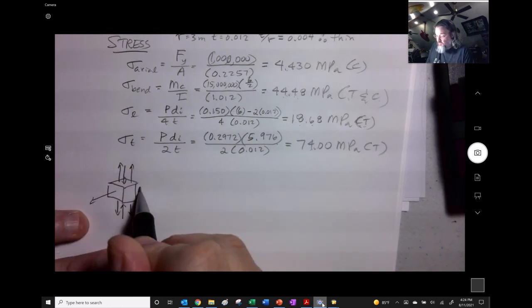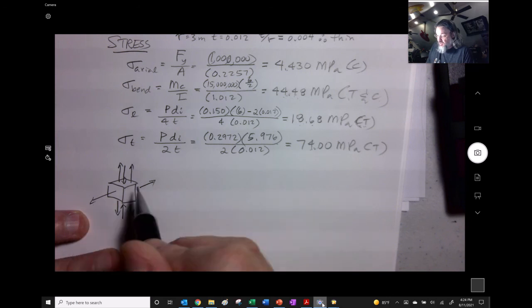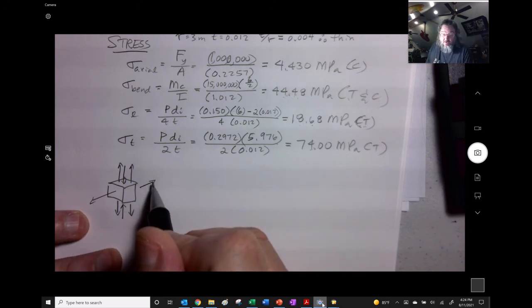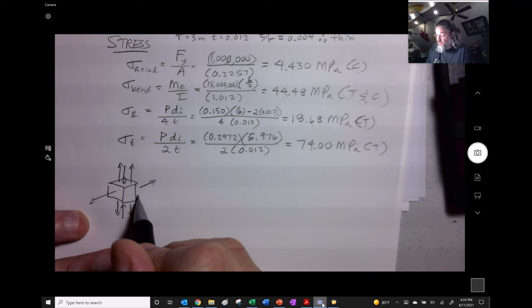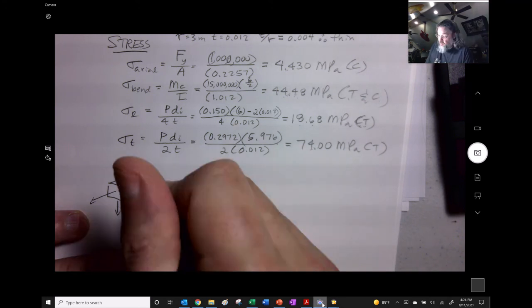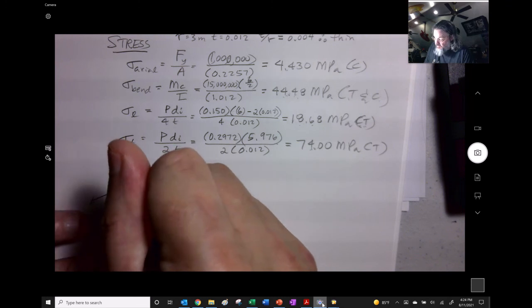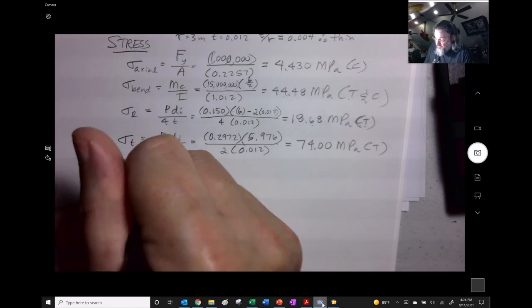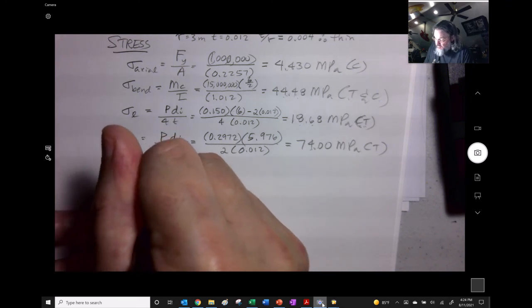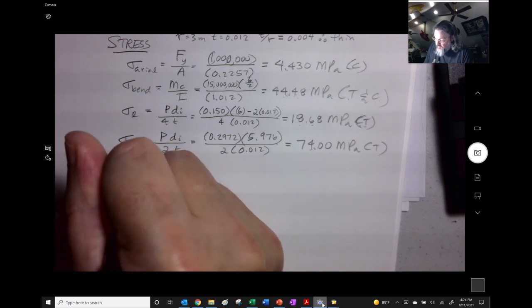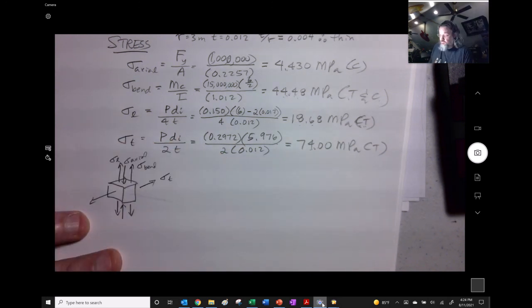In this direction, we have hoop. Right, and it's on the outside, so there's nothing going on in this direction. There is no stress here. So this is the T. This is, let's see, bend. This is axial, and this is longitudinal, right there, the L.